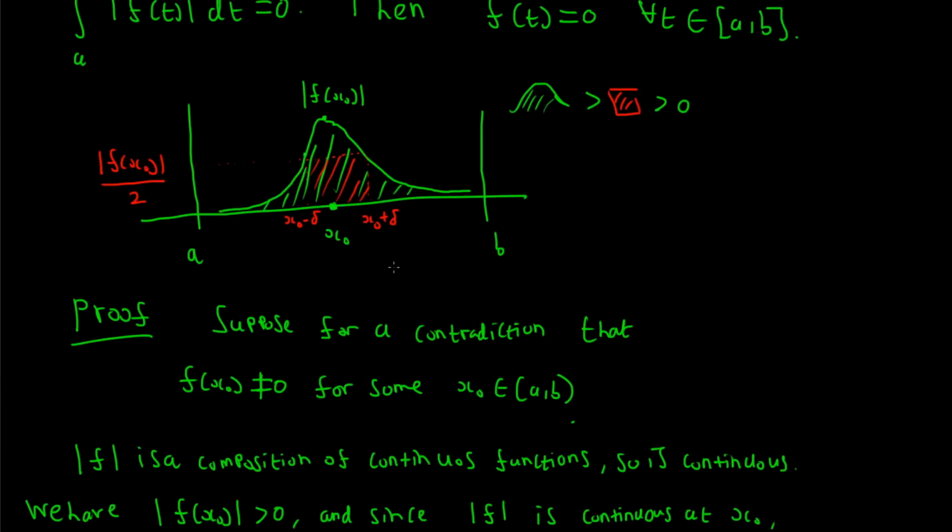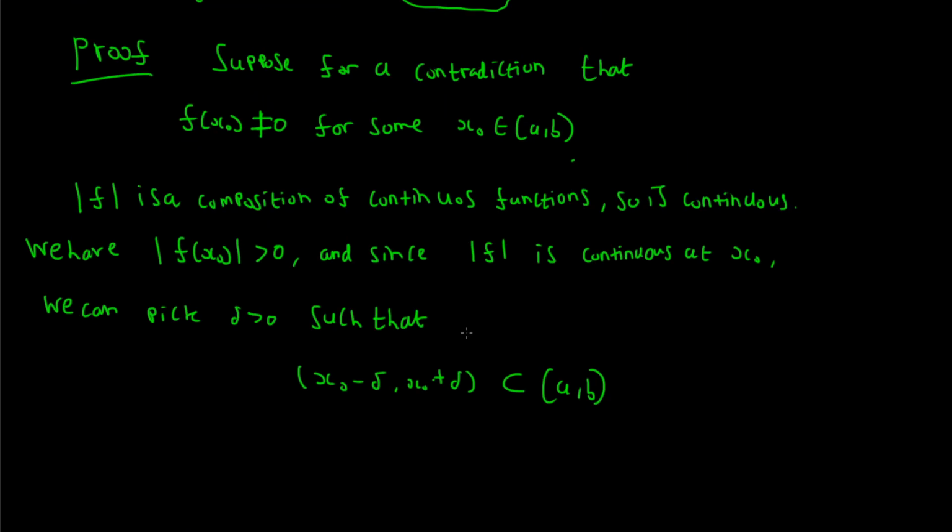We don't want to have our delta reaching all the way outside of b, so we'll just make sure it stays inside.